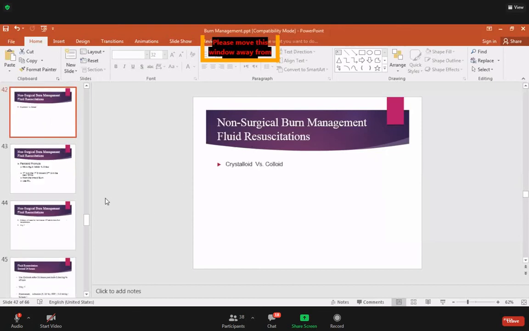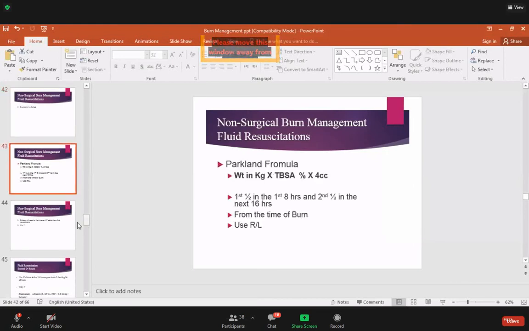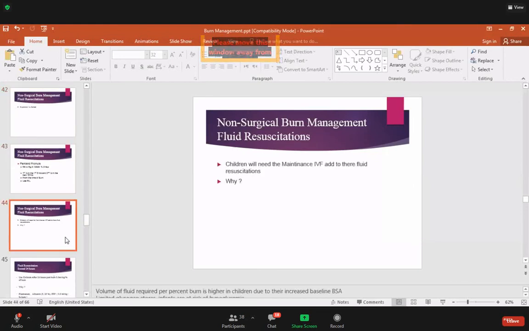Okay, I told you crystalloids are preferred on the initial day, but then it is better to move on to the colloids, because if you give 8 liters to a person, it is too much as compared to the normal body requirement. So the patients having comorbidities can develop complications. To reduce the fluid input in a person, you can convert crystalloids into colloids on the second day.